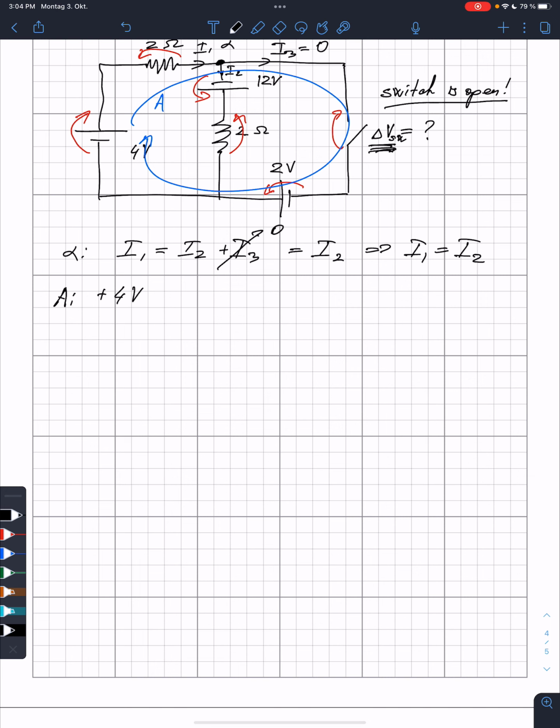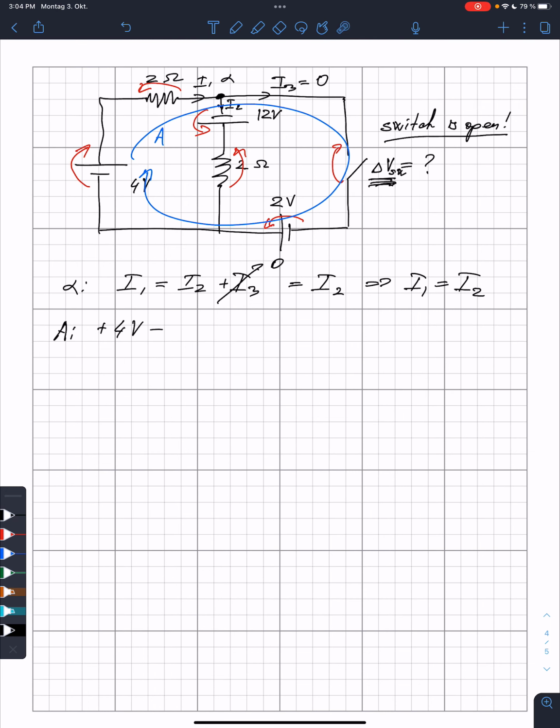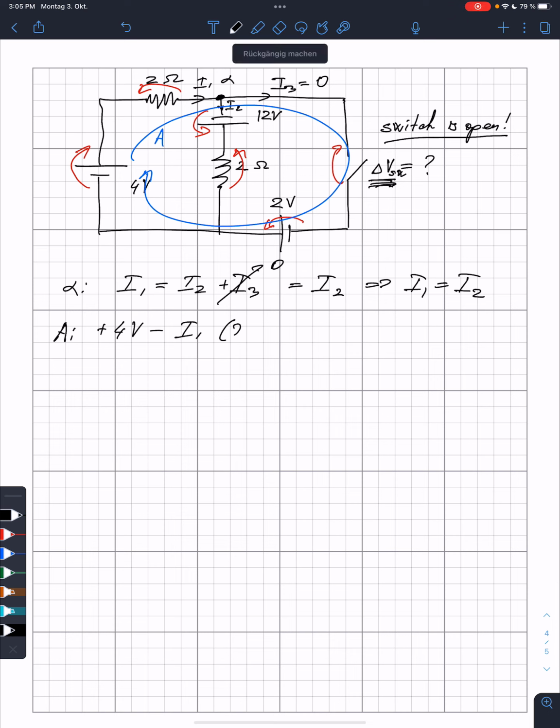So it's 4 volts with positive sign, minus, now I go through that load. The direction of the potential difference across this load is opposite to the direction in which I go around this loop. So it's minus I1 times 2 ohms. Next, delta V switch, with minus sign, because the direction I go around this loop is opposite to the direction of the potential difference as I defined it.